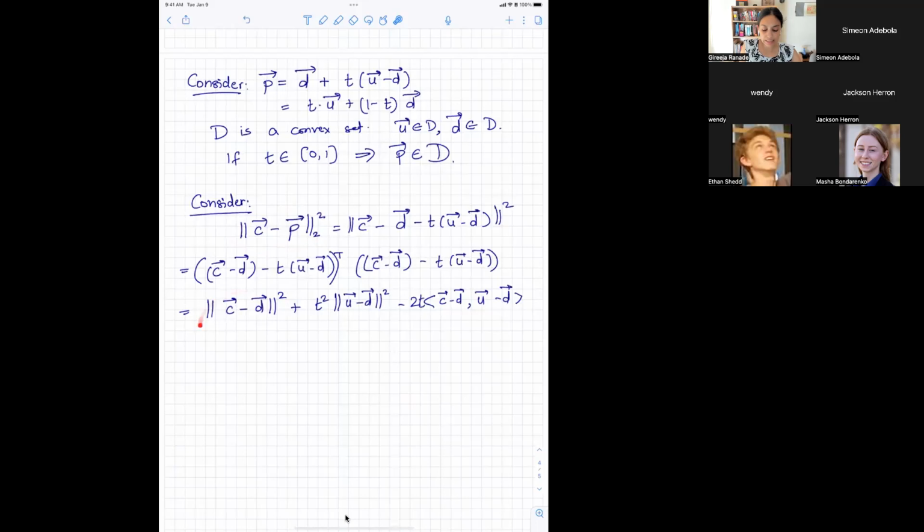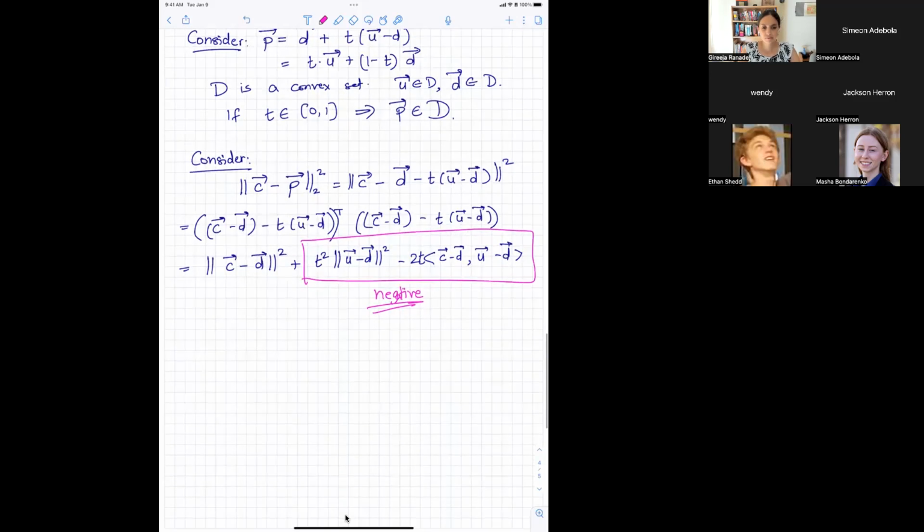I want to show that this is less than this. So for this to be less than this, what do I need to show for this quantity here? I want to show that this is negative. If I can show that this is negative, then I will be able to show that P is closer to C than D is, right?